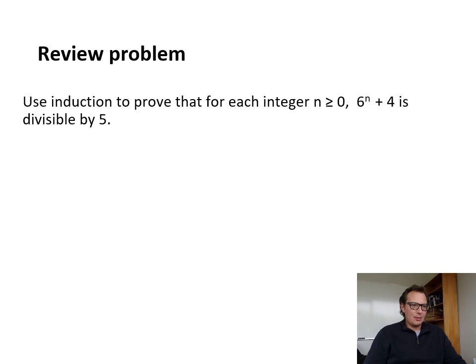Okay, so if you remember the steps that we have to take to do a proof by induction, first we have to define what we are actually trying to prove. So our P(n) is equivalent to 6^n plus 4 is divisible by 5.